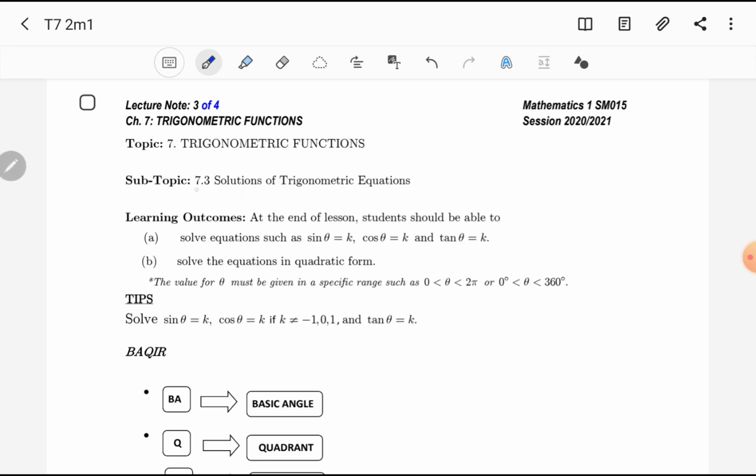Okay, for now, we will proceed to topic 7.3 under solution of trigonometric equations. For the solution of trigo functions, we have three cases.